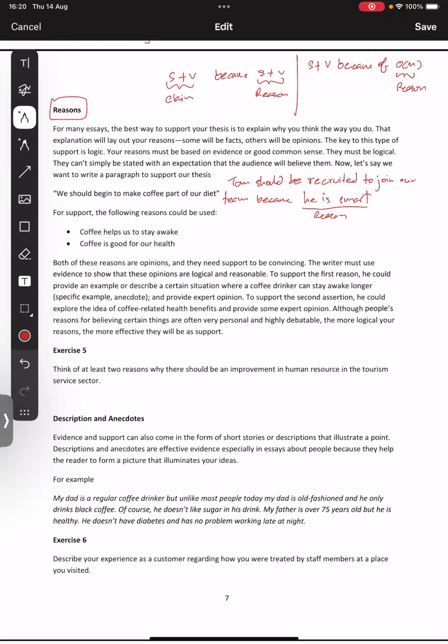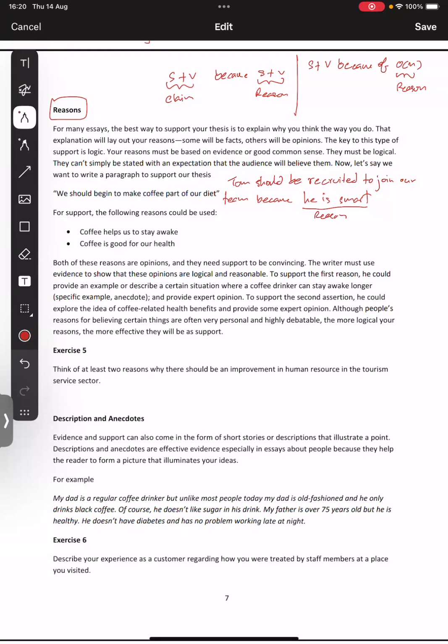But would everyone agree that Tom is smart? Well, that depends. Do we have any evidence to show that he's smart? Not really, right? Smart is not easy to measure.